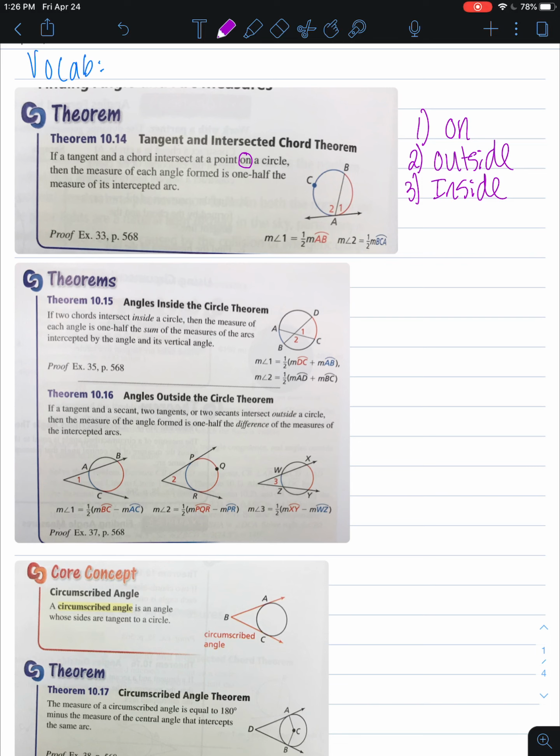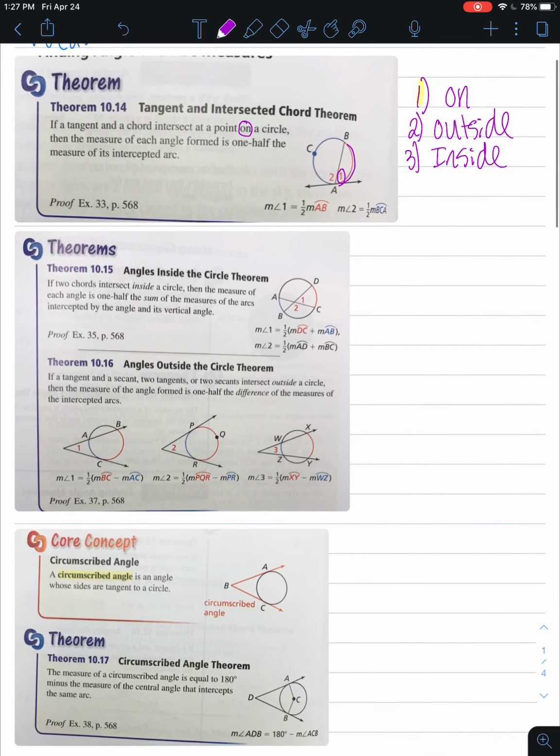When a tangent and a chord intersect, to find angle 1, we take 1/2 of arc AB. And to find angle 2, we take 1/2 of the major arc ACB on the outside. So that is if it's on a circle.